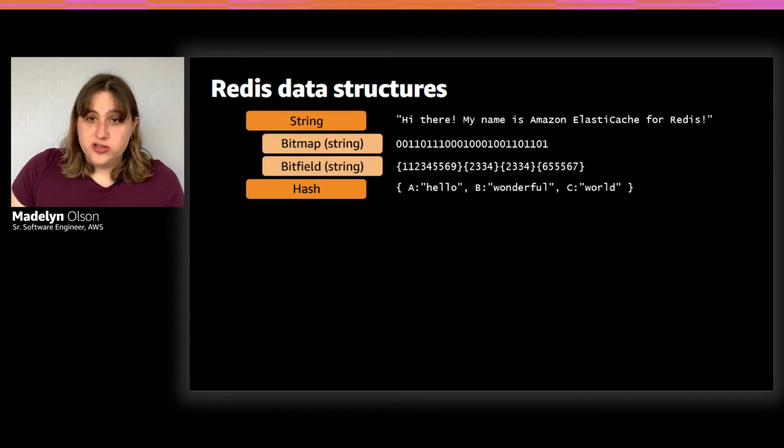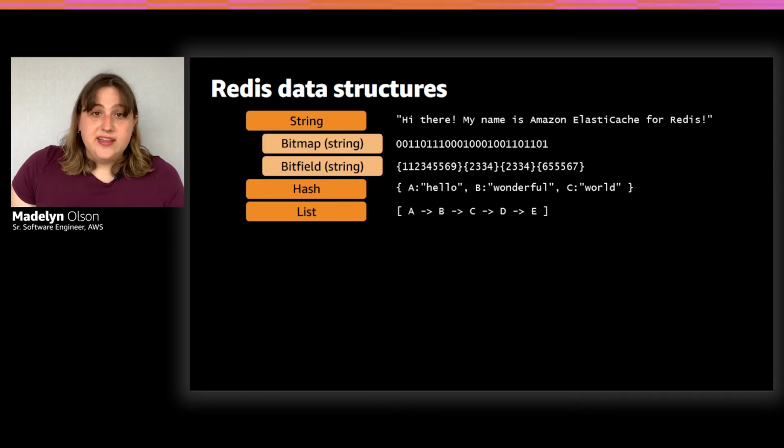There's a hash data structure, so you can store collections of data where you can individually look up and modify items. This is especially common in session storage or other uses like keeping track of an individual user's shopping cart. It also has a list data structure, allowing you to build powerful applications around things like queues and stacks.